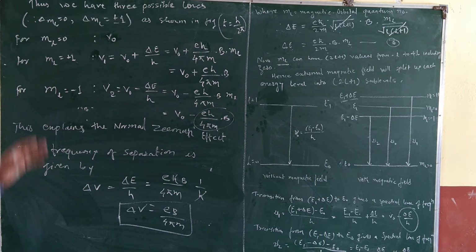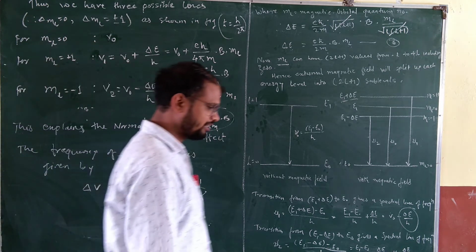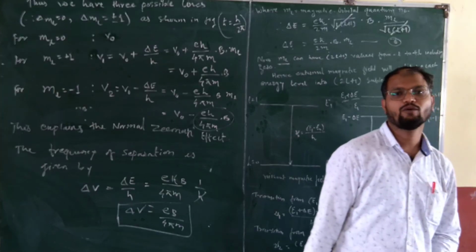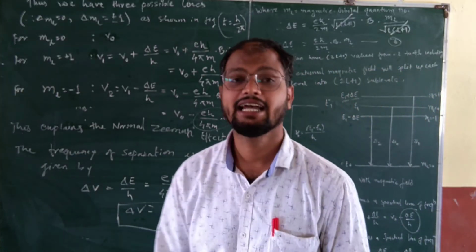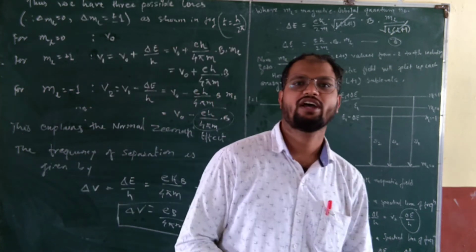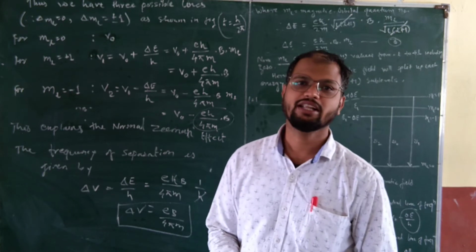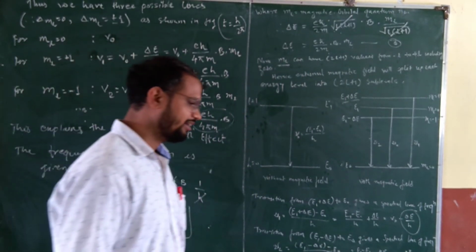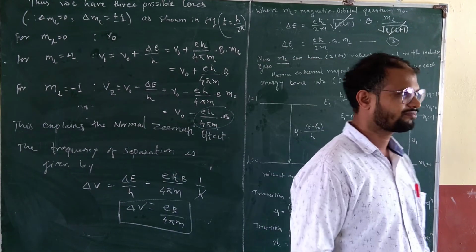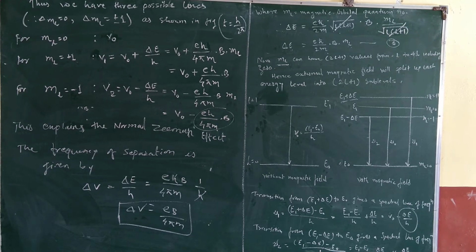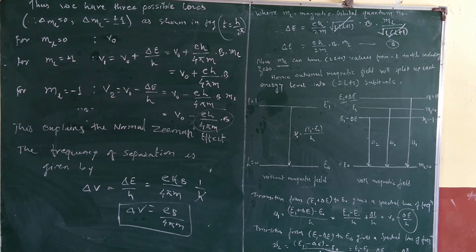First, in this explanation, we consider the orbital angular momentum, that is capital L is equal to under root of l(l+1) into h cross. Then we have to calculate mu L.